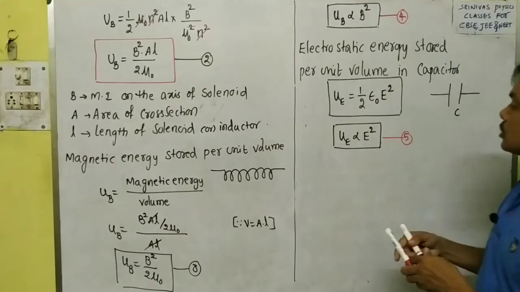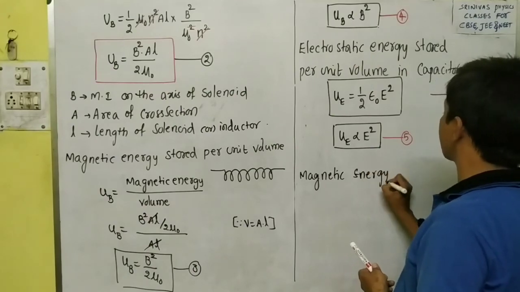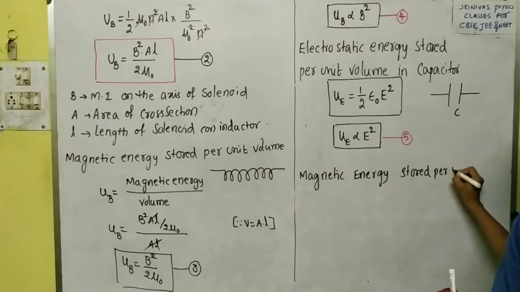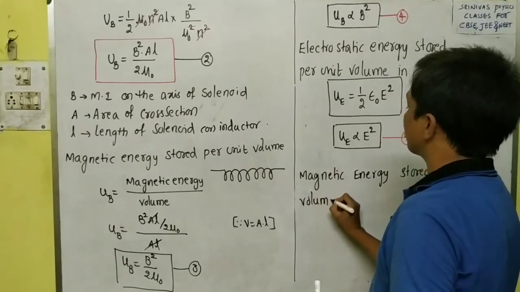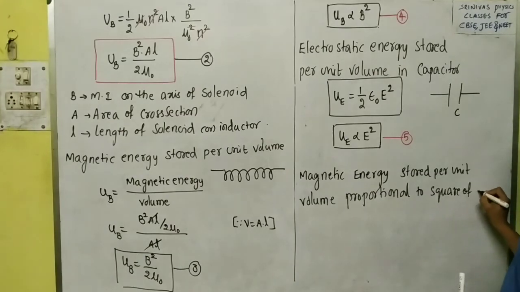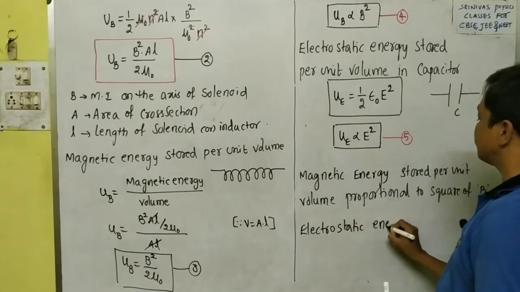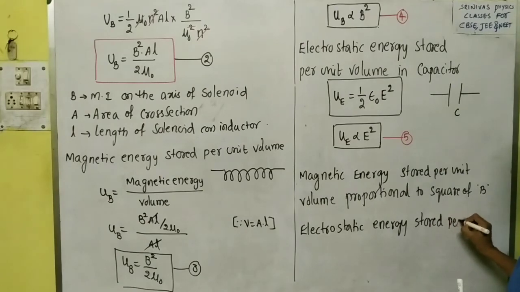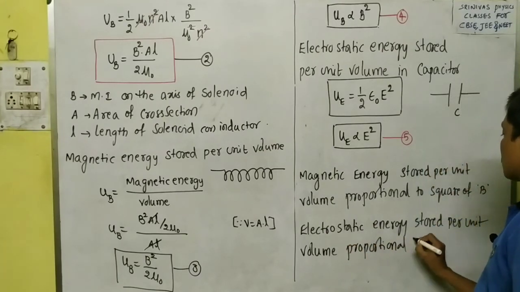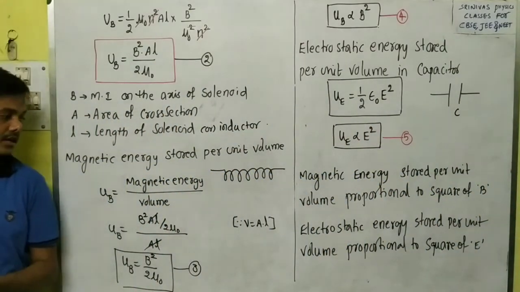The magnetic energy stored per unit volume is proportional to the square of the magnetic induction, square of B. And the electrostatic energy stored per unit volume is proportional to the square of E, where E is the electric field intensity. And this is about the magnetic energy stored per unit volume.